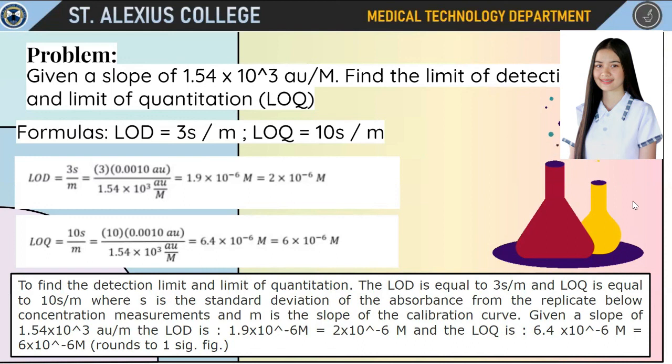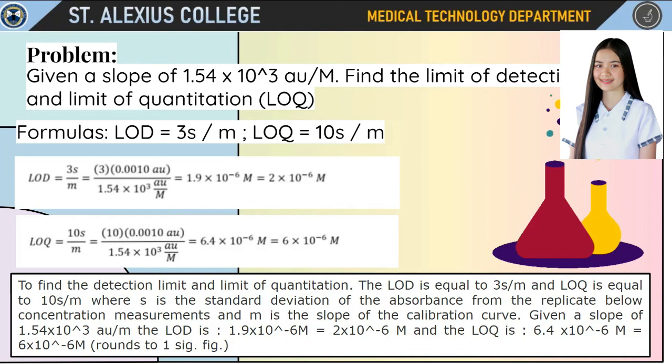To find the detection limit and limit of quantitation, the LOD is equal to 3S over M and LOQ is equal to 10S over M, where S is the standard deviation and M is the slope of the calibration curve.